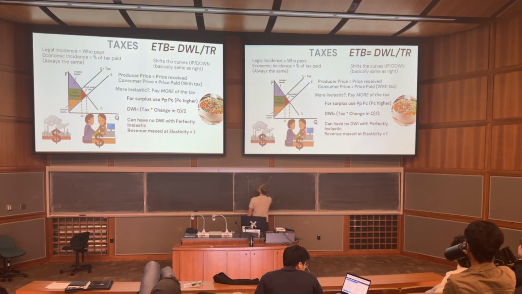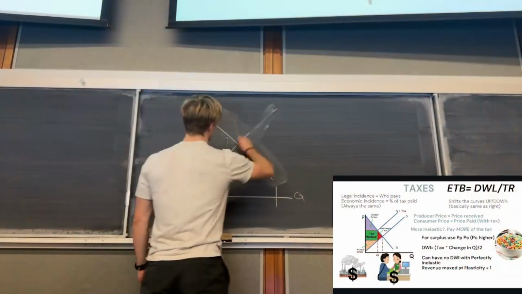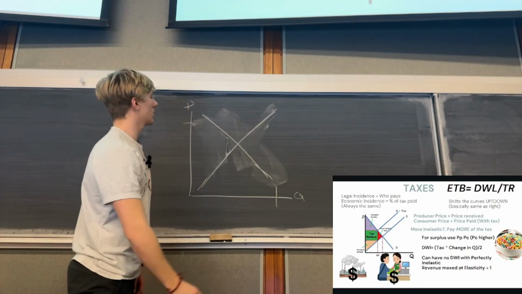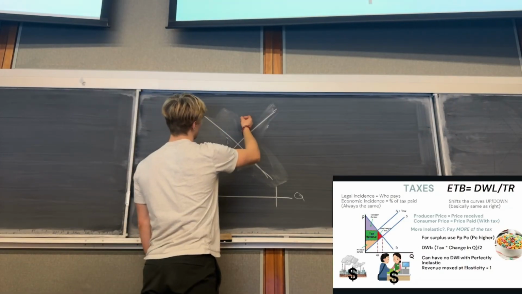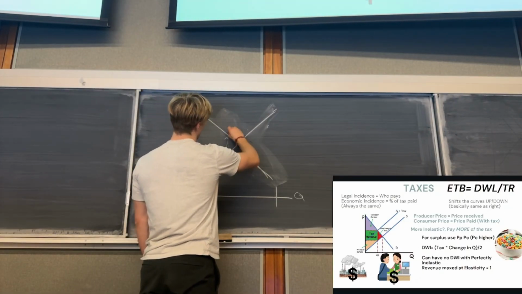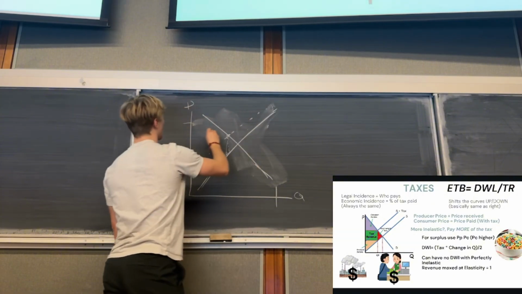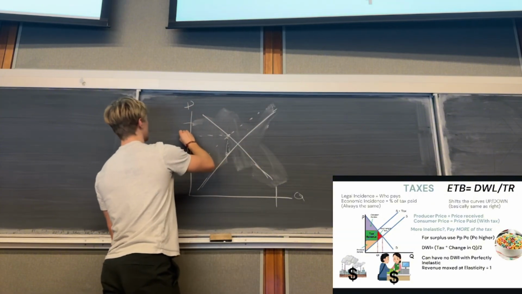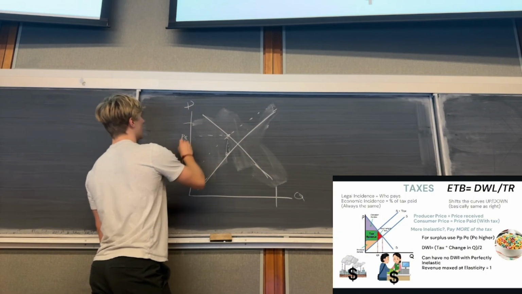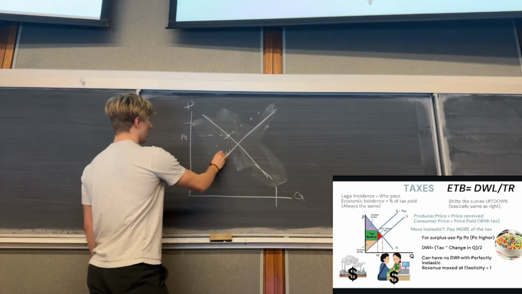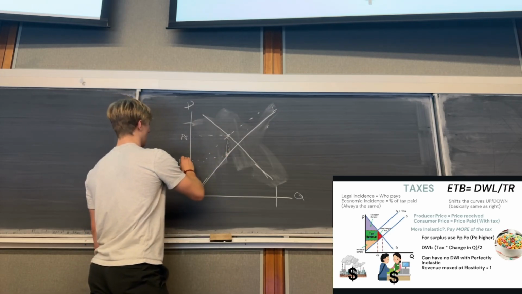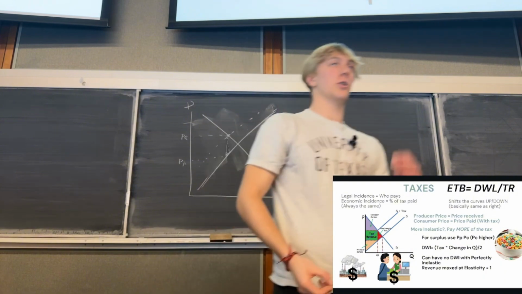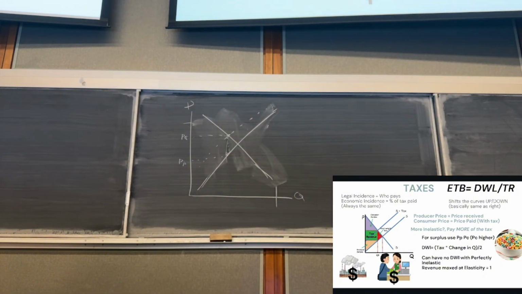So just really quick, you have your two curves, and then let's say we wanted to add a tax. We'll tax producers. So we're shifting the curve up. And then there are these things called the price of consumers and the price of producers. The price of producers is what the producers receive.